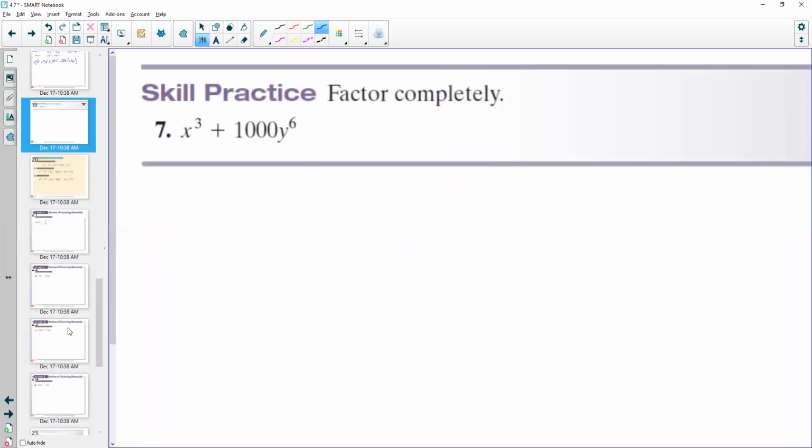Let's try this one. Same thing. It's a sum, so plus sign goes first. That was a terrible parenthesis. Pardon me. Plus, minus, plus. All right. The base here is just x. 1,000 is the cube of 10. Y to the 6th we just saw is the same as the cube of y squared.